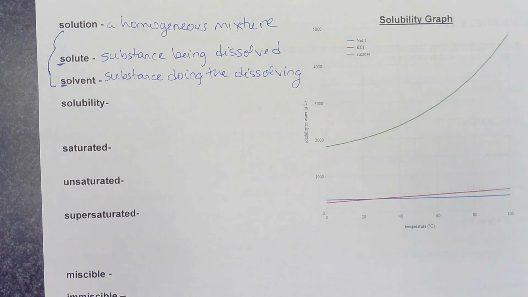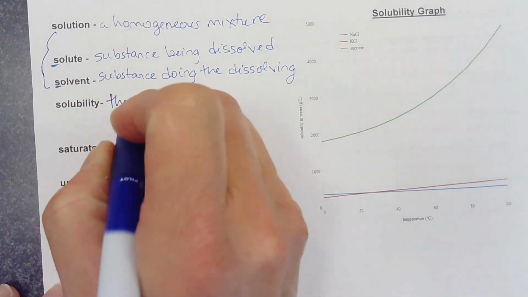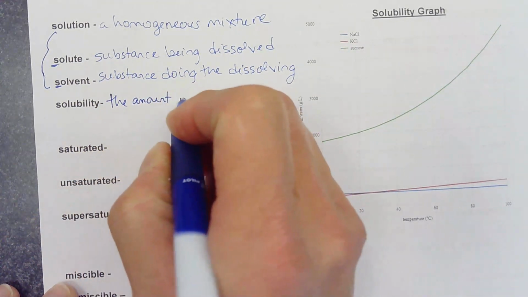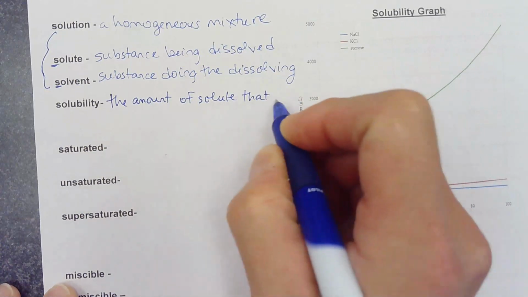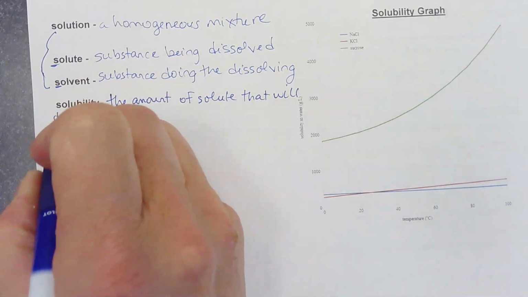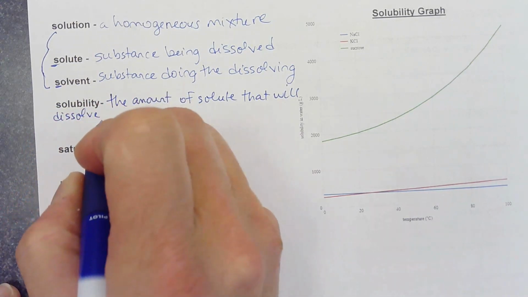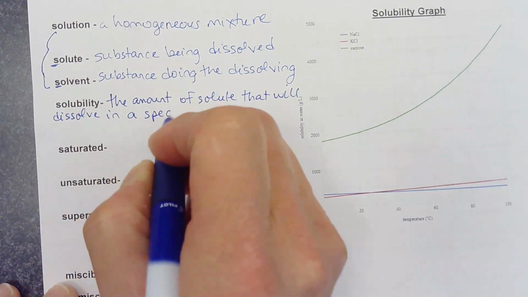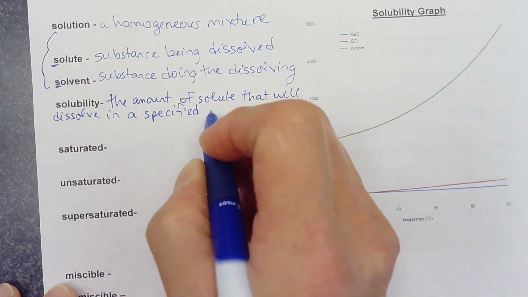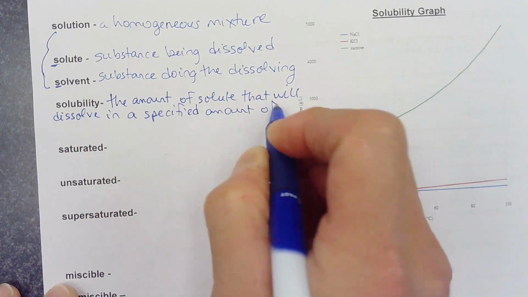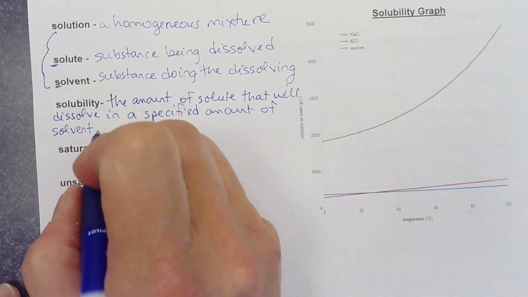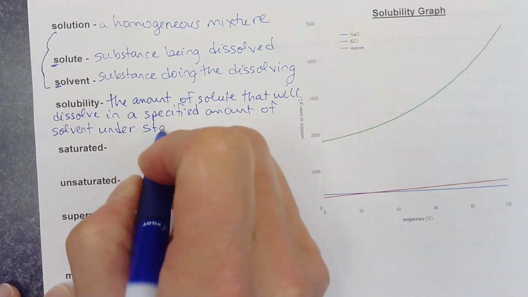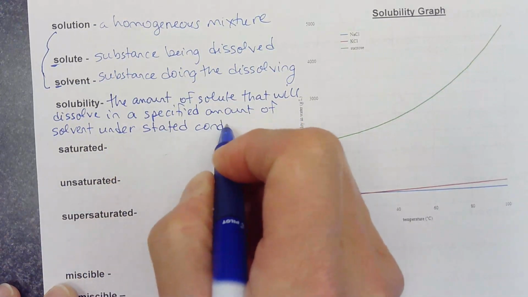All right, the term solubility. The term solubility means the amount of solute that will dissolve in a specified amount of solvent under stated conditions.